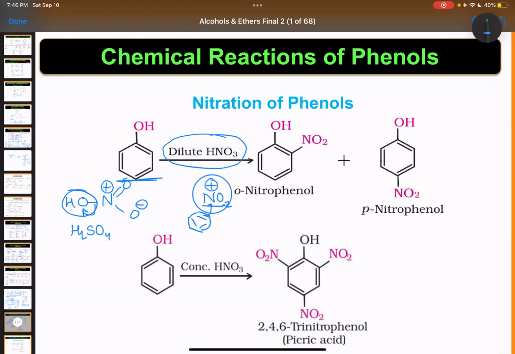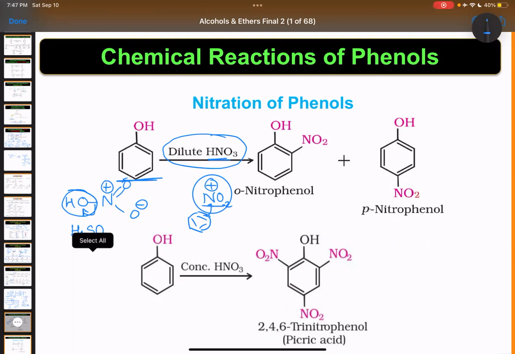Whatever NO2 plus concentration is generated by HNO3 on its own is sufficient to carry out the reaction, because the substrate which you have taken, the phenol, is very reactive and it can react even with a very small amount of NO2 plus.